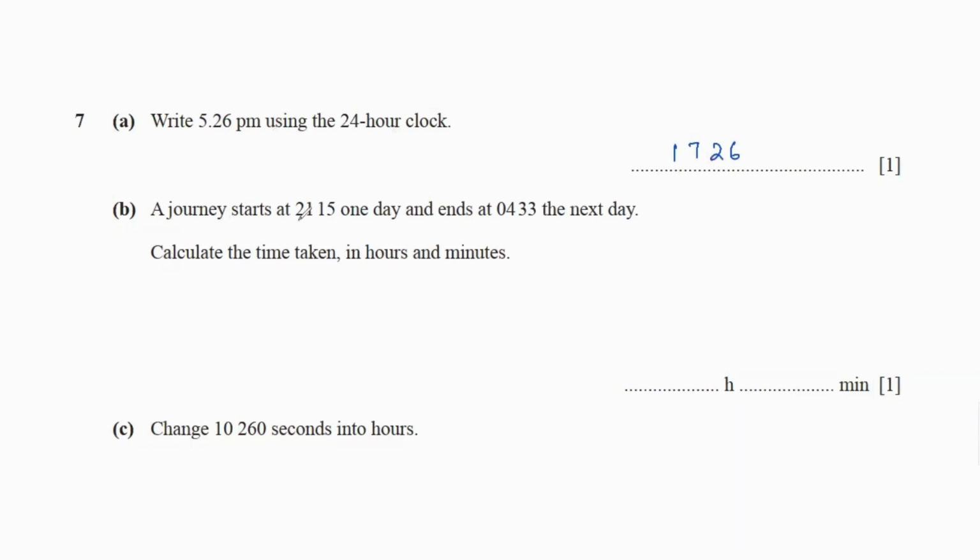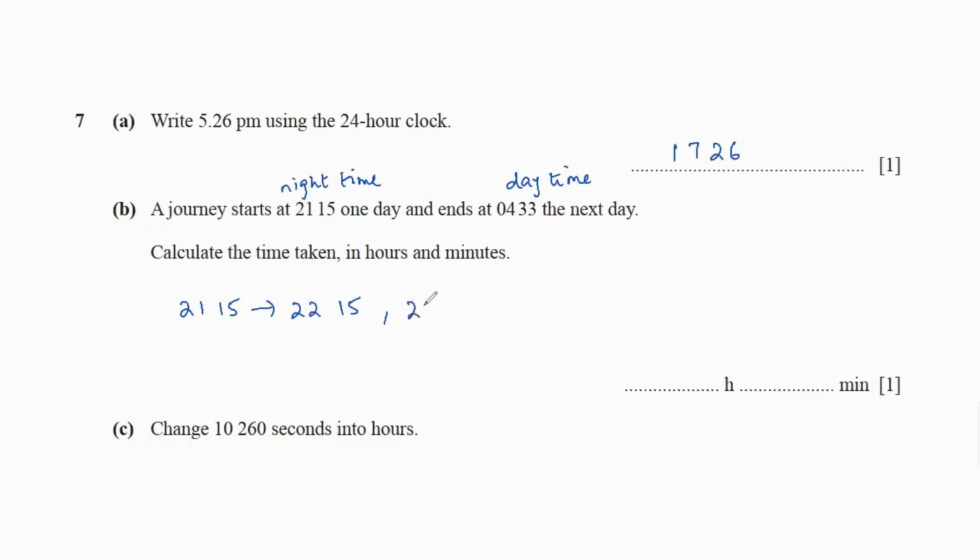And it says a journey starts at 21:15 one day and ends at 4:33 the next day. So this is night time, and this is your daytime, the next day. So how many hours and minutes are happening? From 21:15, I'm going to go to 22:15.